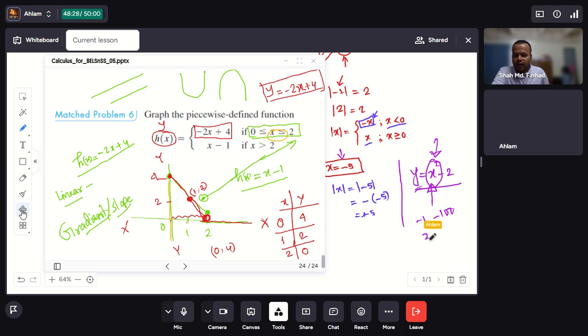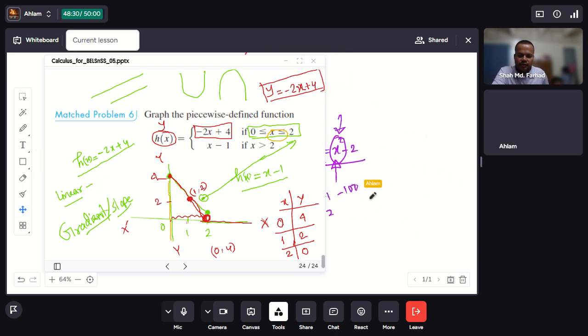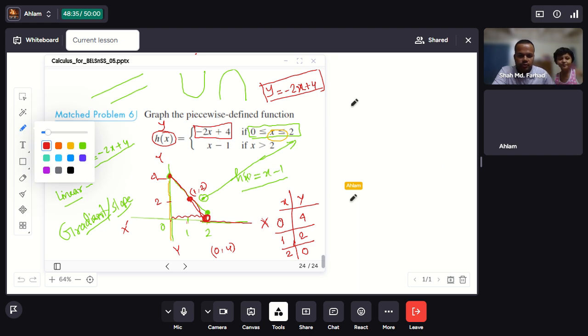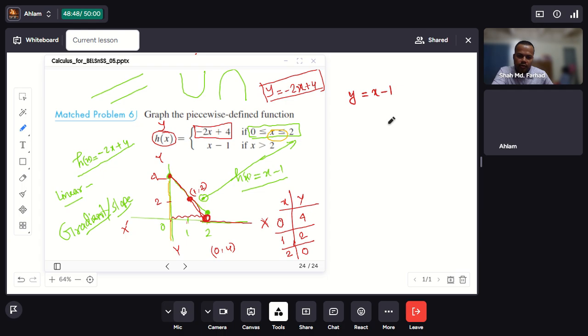Now for the next one, y equals x minus 1, right? Now, we have to just put the values of x that are greater than 2.